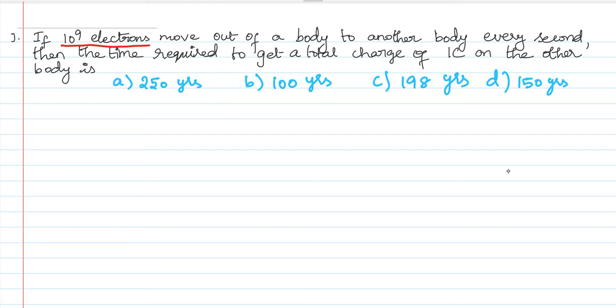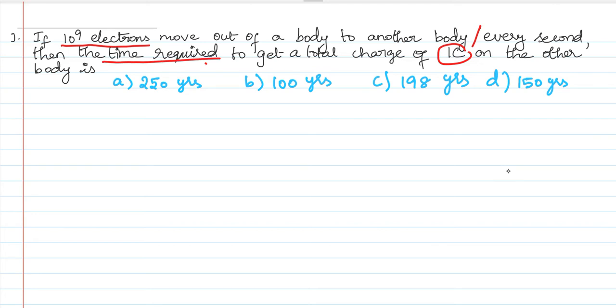10 to the power of 9 electrons move out of a body to another body every second. Then the time required to get a total charge of 1 coulomb on the other body is... So what are we supposed to find?